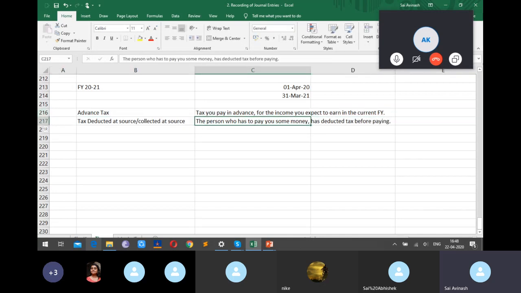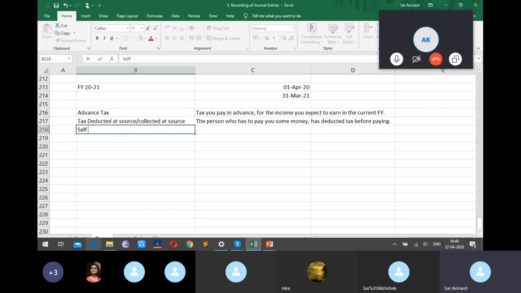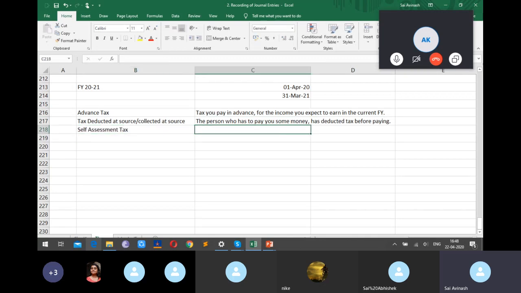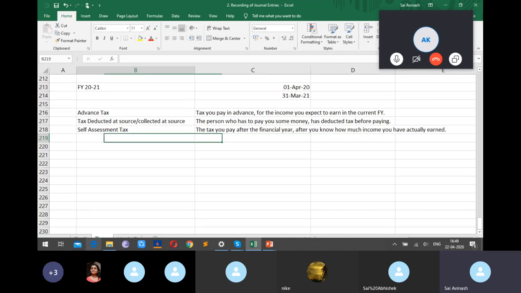I'll explain each and every one of these, don't worry. And something called self-assessment tax. This is the tax you pay after the financial year, after you know how much income you have actually earned. So let's try to understand what advance tax is.